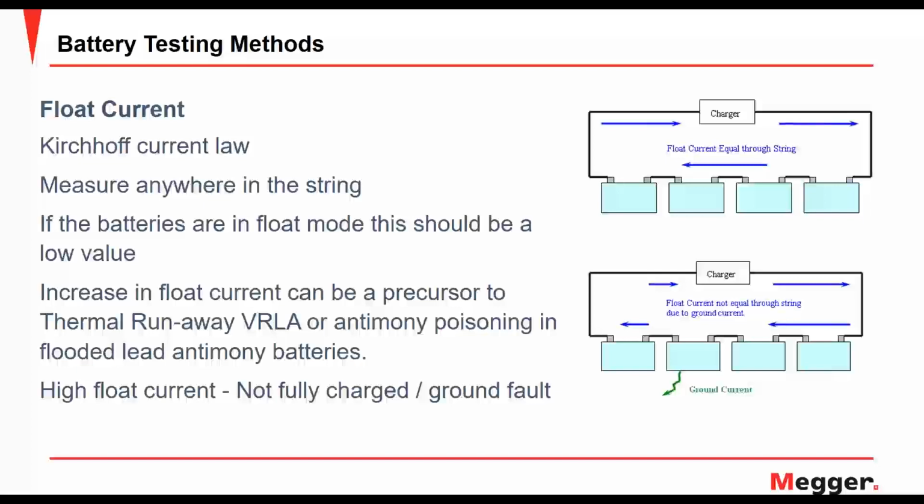If, for whatever reason, the float current starts to increase, this might indicate that some of the cells are not fully charged. You can do what's so-called float voltage to confirm that even more, or you are having a ground fault in your string, which can also be detected by a high float current.